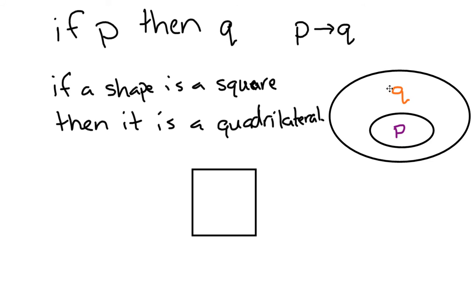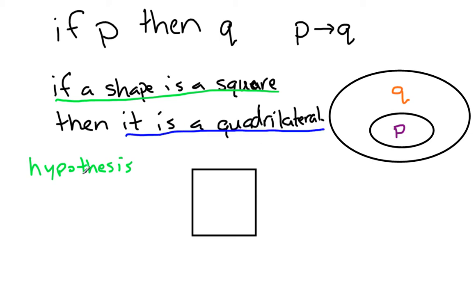So what this little diagram here is saying is that our first part, and we actually call this, let's name these here, the if part, this is our hypothesis. How do I spell that? E-S-I-S. Okay. Then it's a quadrilateral.